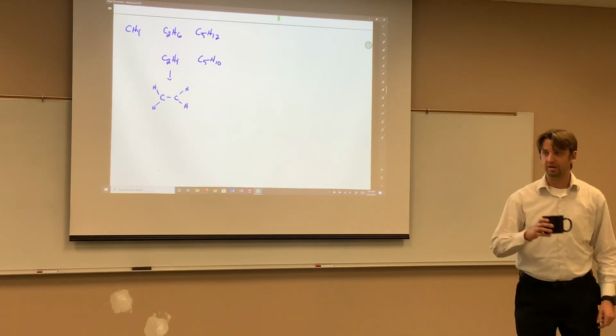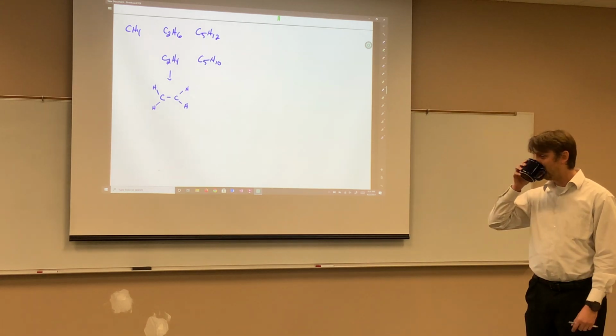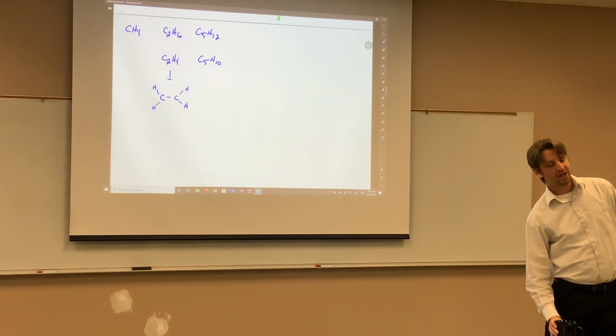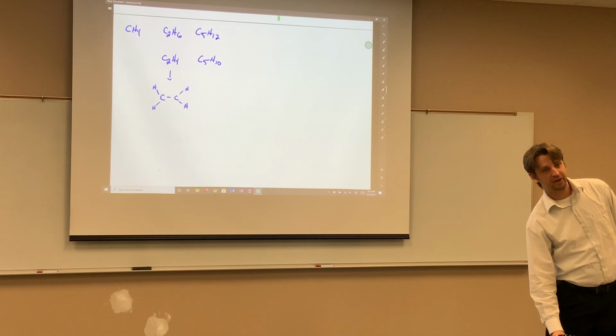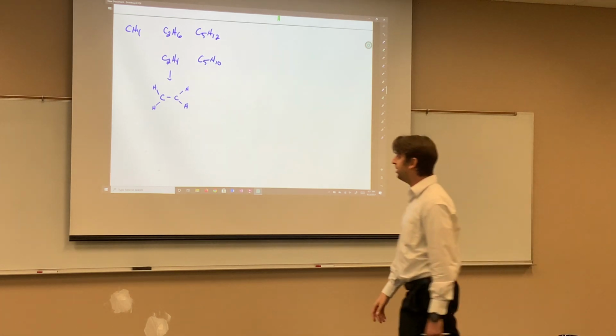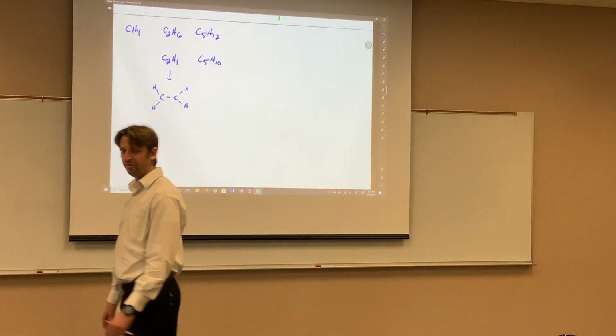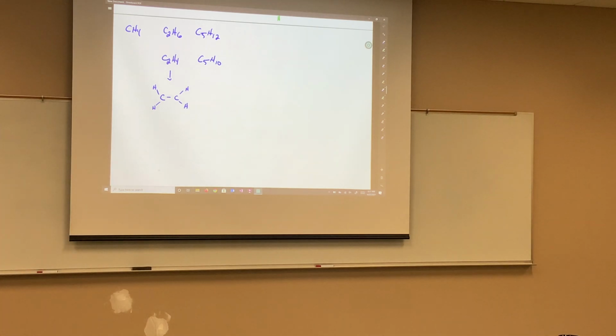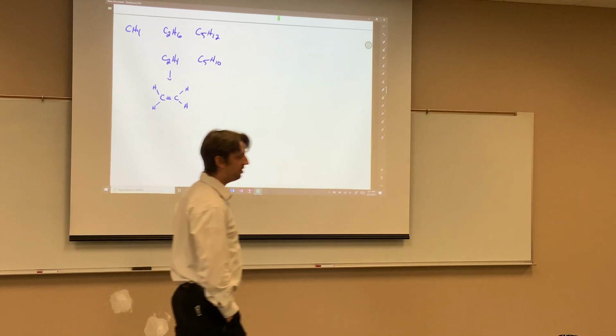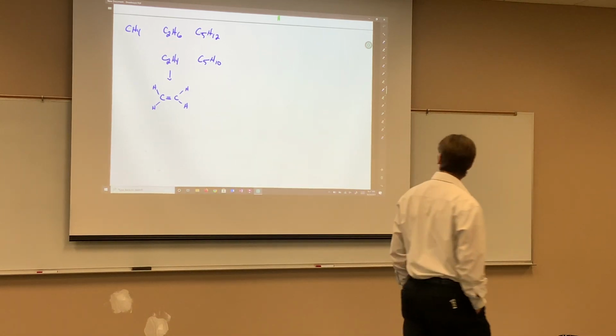Problem with what we have drawn at least. Octet. If you count the total number of electrons there, we're bringing in 4 from each of the carbons and then 4 from the hydrogens. You've got to make sure that we account for all of our electrons when we draw our Lewis structure. Got it?